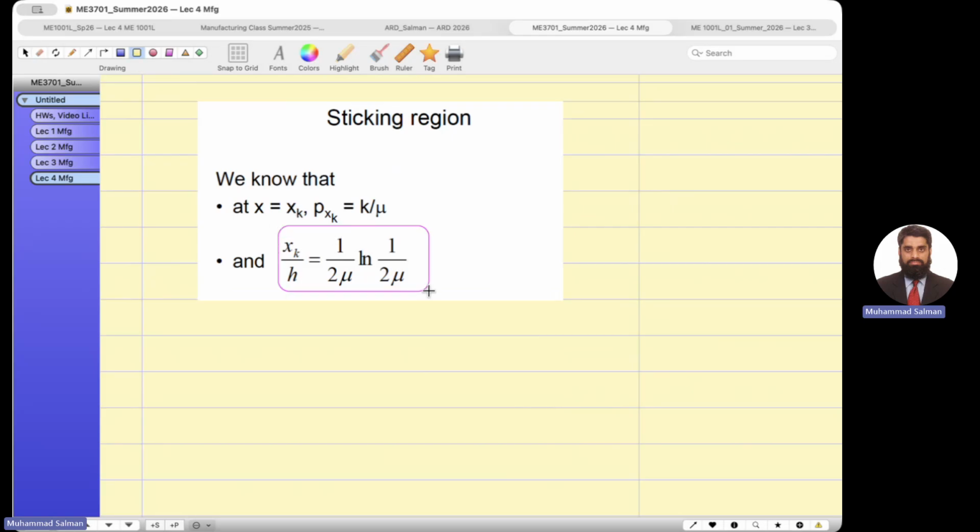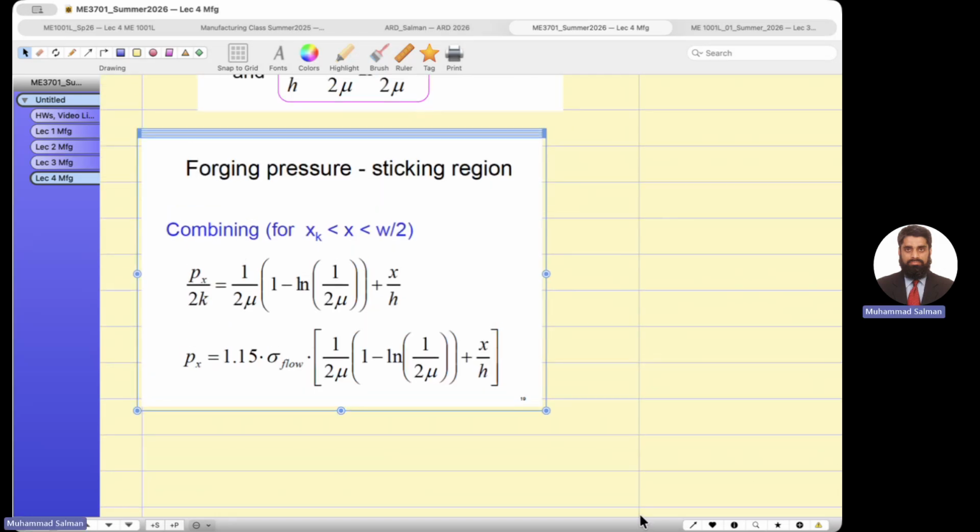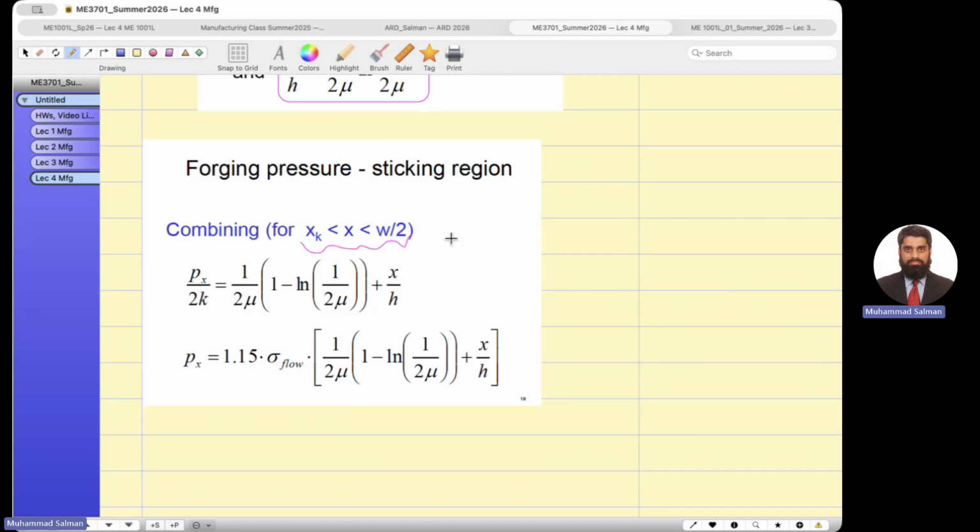Now for the remaining portion: up until xk it was sliding, but from xk to half of the width, which is the center line, it is all sticking.